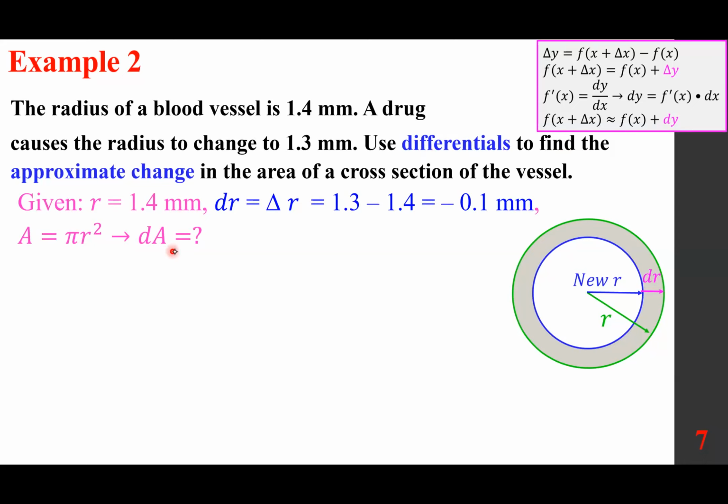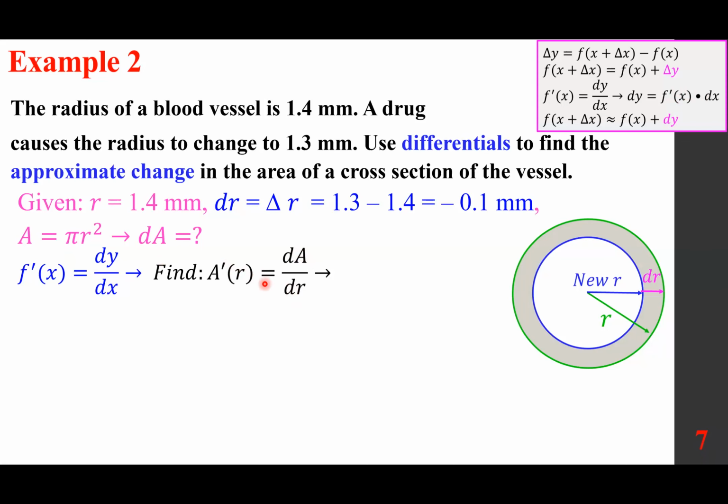So we are going to differentiate that, and we remind everybody that f prime is dy dx. So a prime is dA dr because A is a function of r. Therefore, dA, so remember, dy is the product of these two, f prime of x dx.